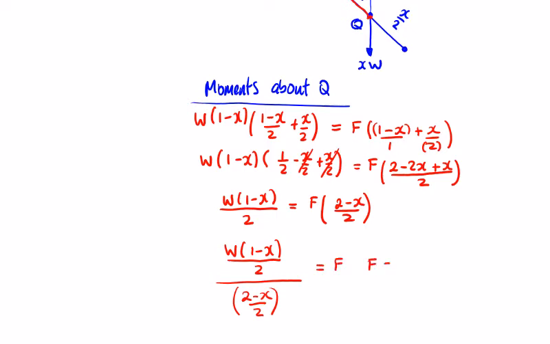So F will become W times 1 minus x over 2 times 2 over 2 minus x. So the 2's cancel, leaving F being W times 1 minus x over 2 minus x.